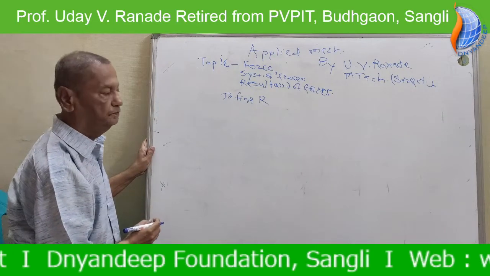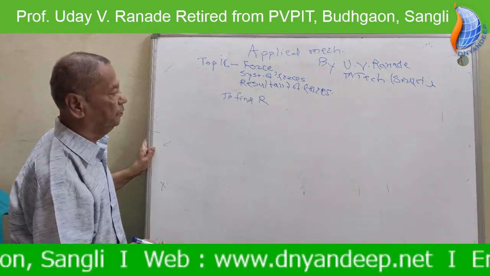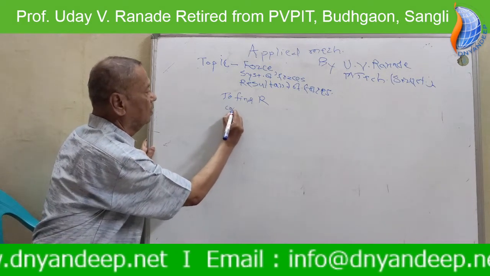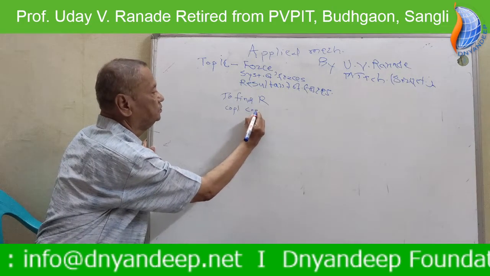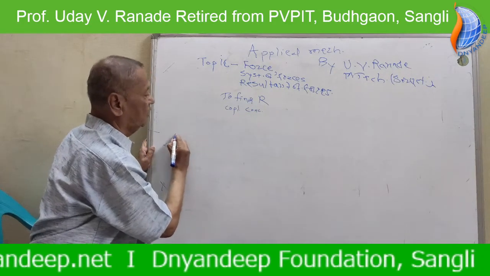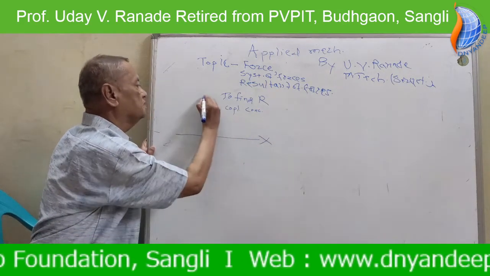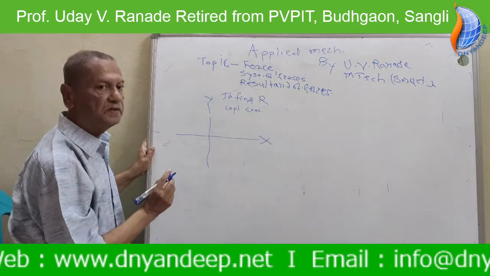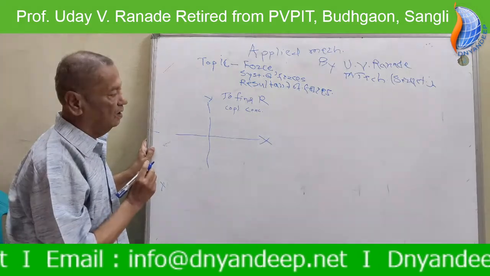Next, a little bit complicated. Say, coplanar and concurrent. Consider the x-axis. Consider the y-axis. Now first I will explain in terms of F and theta like this.